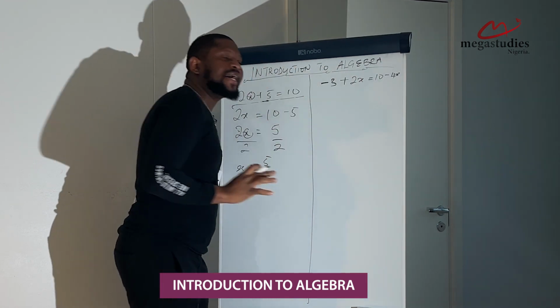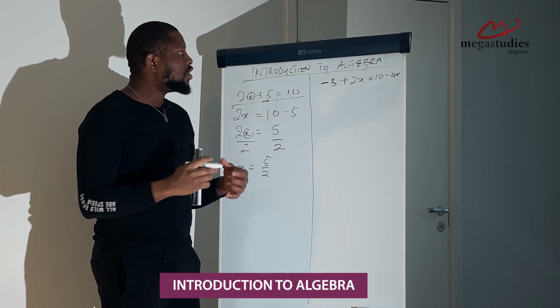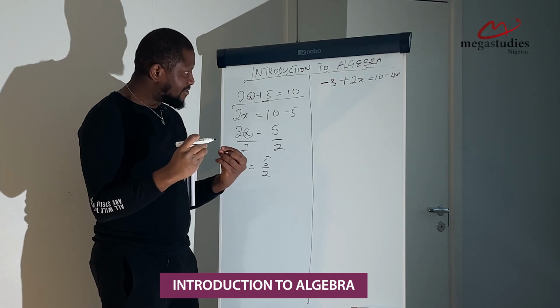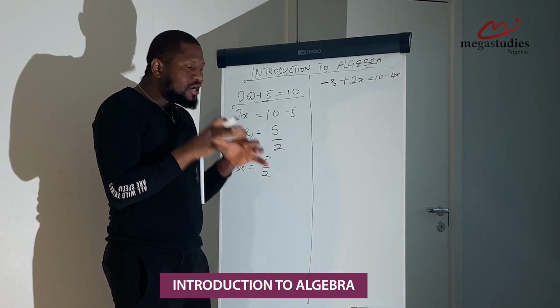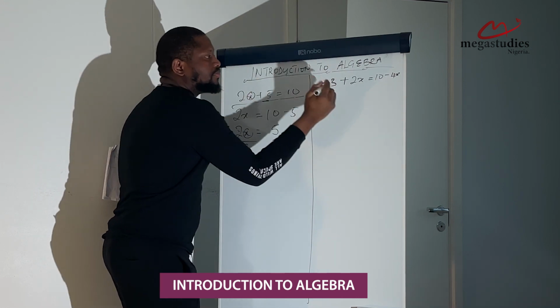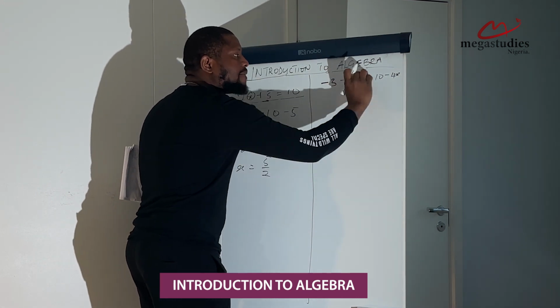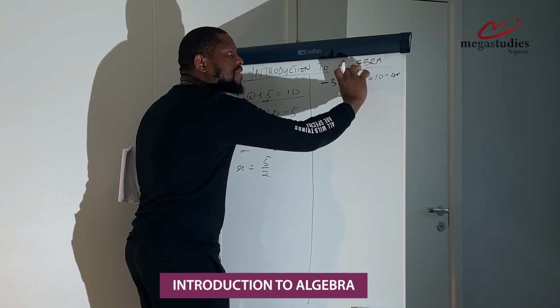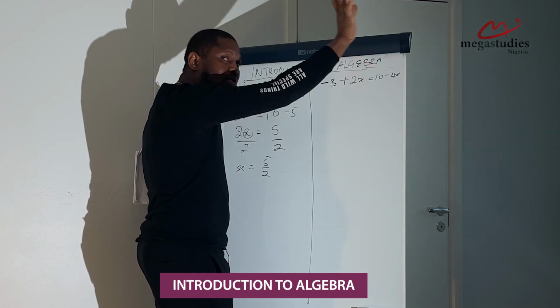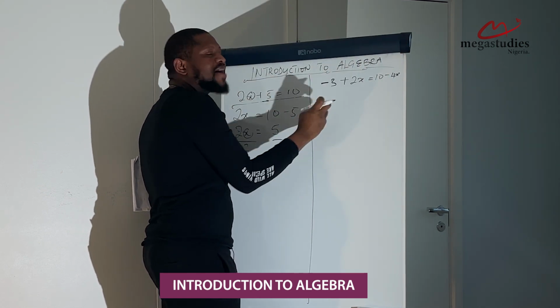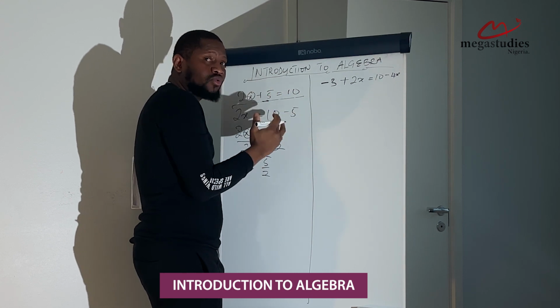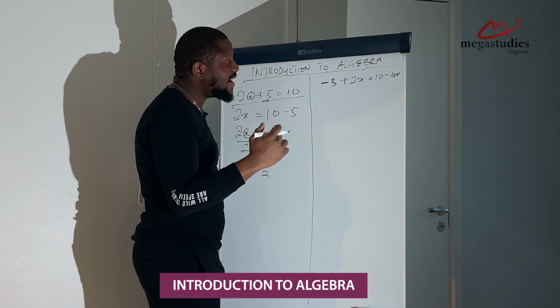If we have something like this, what we need to do is to collect like terms. The value that contains x we will take to one side, while the value that doesn't contain x we will take to the other side. That is called collecting of like terms.